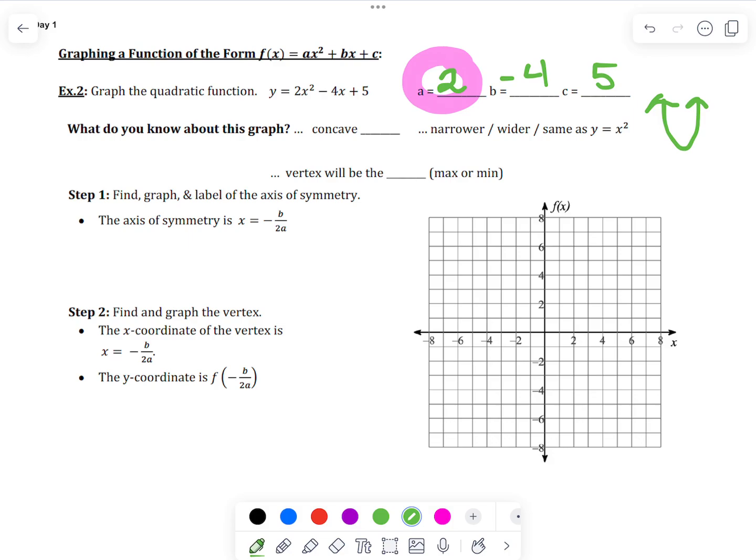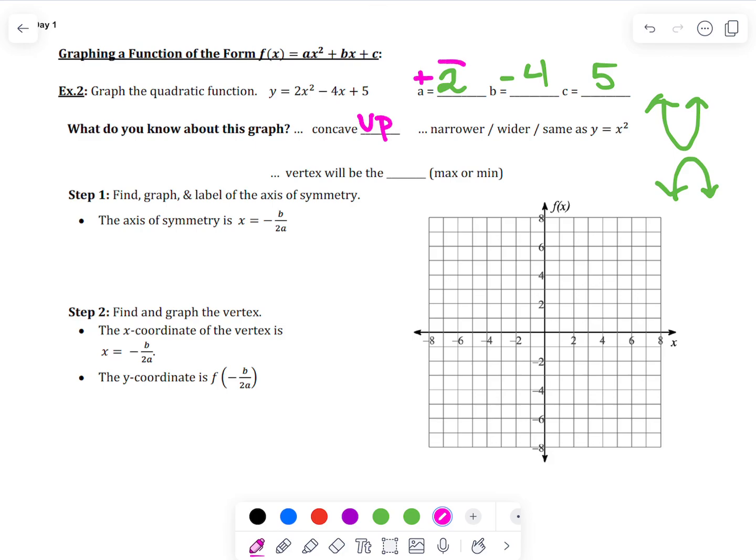If our A is a negative number, it's going to look like this, open down, because that's where that reflection is. All right, so this is a positive A. So it's going to open up.